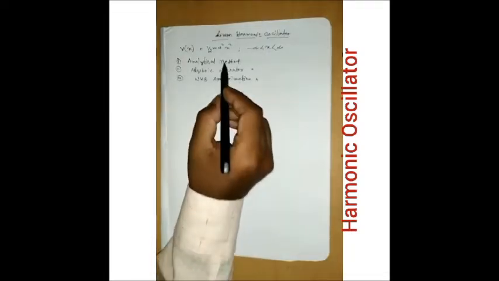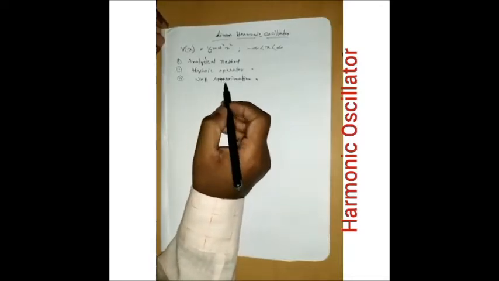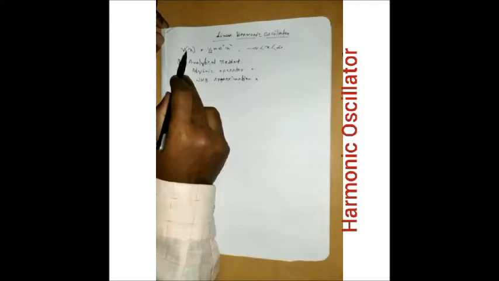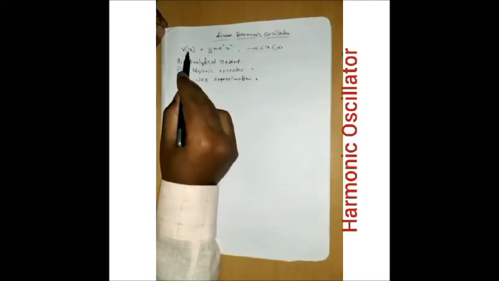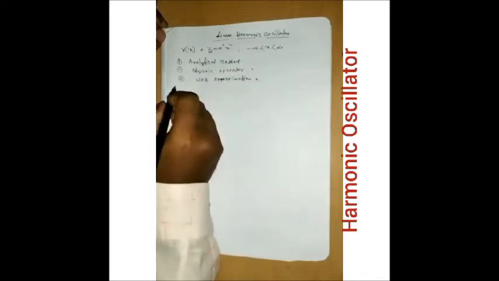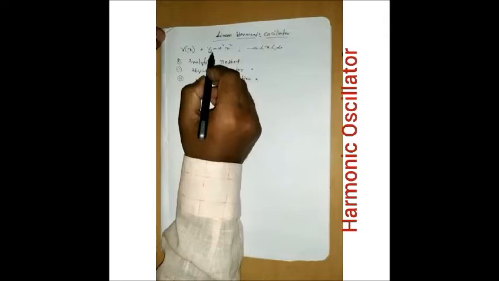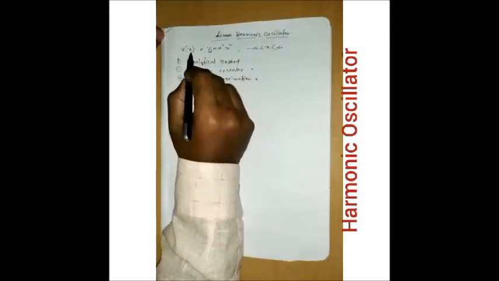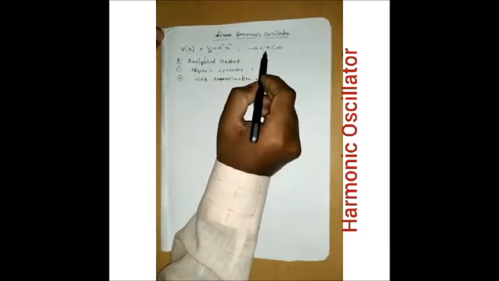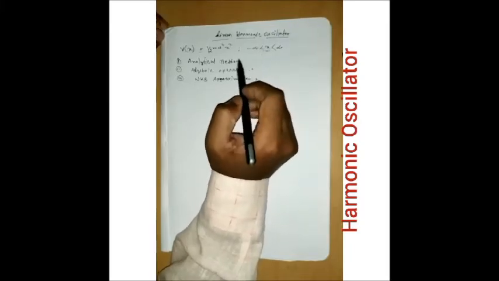On those topics we will discuss here. So suppose, friends, this harmonic oscillator is given. When this problem is given, simultaneously we have to look at the potential and the range of x, the limit of x.